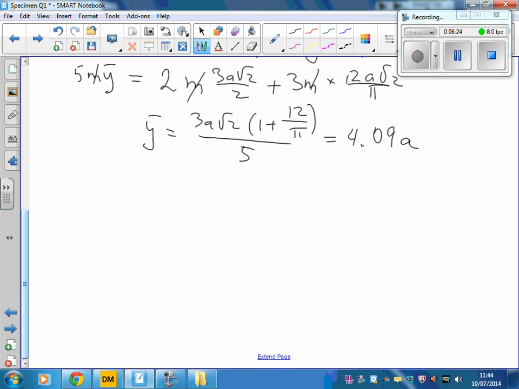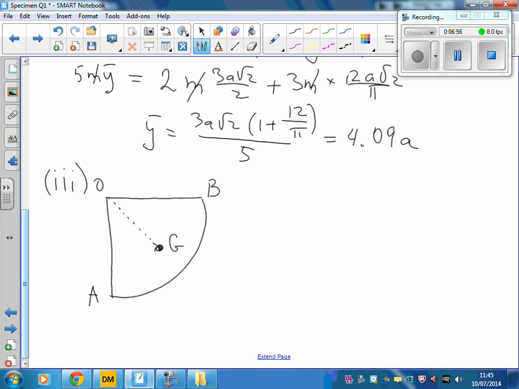Let's have a look at part BIII. We need to find the maximum angular speed of the boat when it is released from the position when OB is horizontal. Let's draw a diagram. We need to see where the initial position of the center of mass of the boat is.